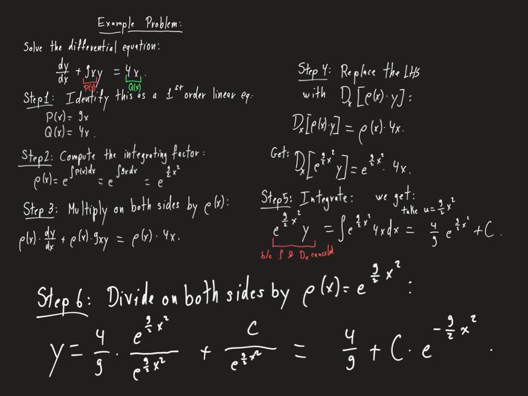All right, that's it for this video. Hopefully this helps you guys out and gives you a bit of a template of the steps that I expect you to write out. You don't necessarily need to write these problems on an exam in exactly this format, but the key parts that I've written here, so writing out in step 1 what p of x and q of x are and pointing out that this is a first order linear equation, writing out what the integrating factor is, doing the multiplication on both sides, mentioning the trick that you're using in step 4, then integrating and dividing on both sides.